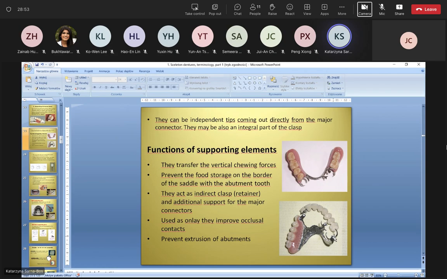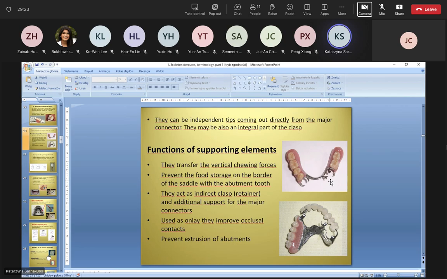What can we say about the functions of supporting elements? They transfer the vertical chewing forces, yes, because they are placed on the teeth. They prevent the food storage on the border of the saddle with the abutment tooth. They act as indirect clasp retainer, like you see here, so it can be independent tip. So they act as indirect clasp and additional support for the major connectors.